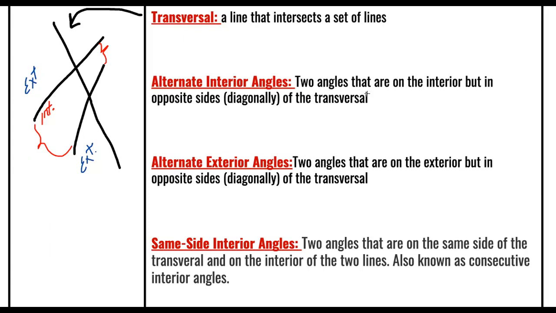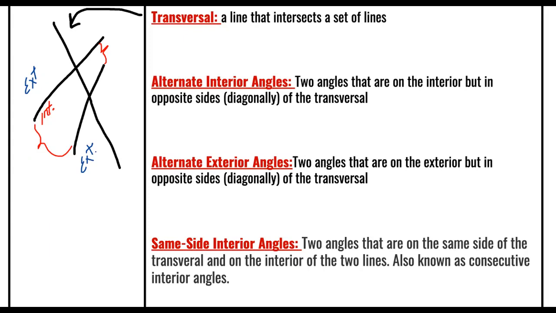These are two angles that are on the interior, but in opposite sides diagonally of the transversal. Copy that down. We will go over some examples of that in just a moment. Two angles that are on the interior, so in the red section, but in opposite sides diagonally of the transversal.